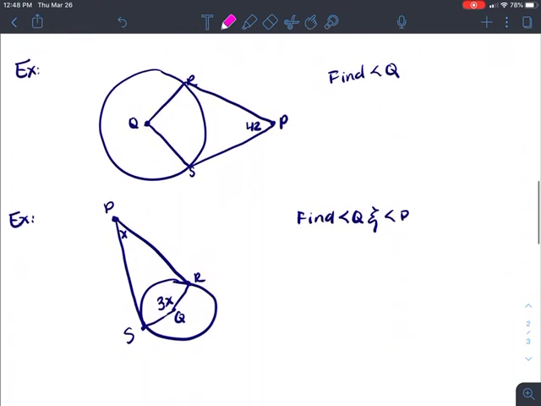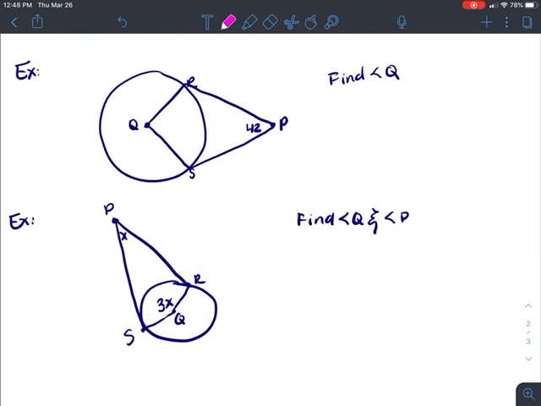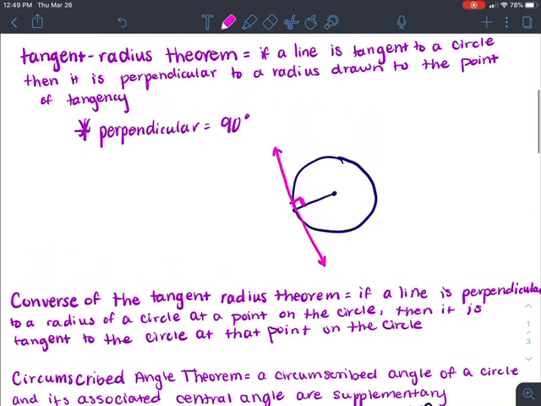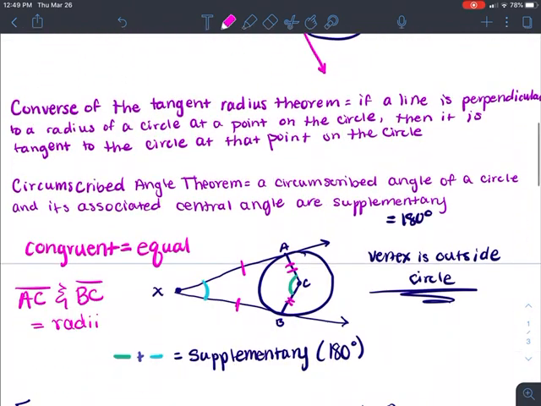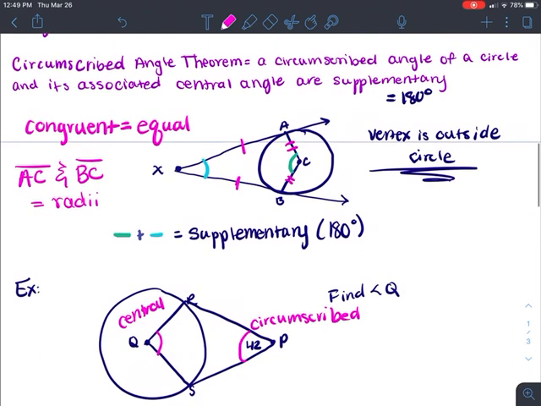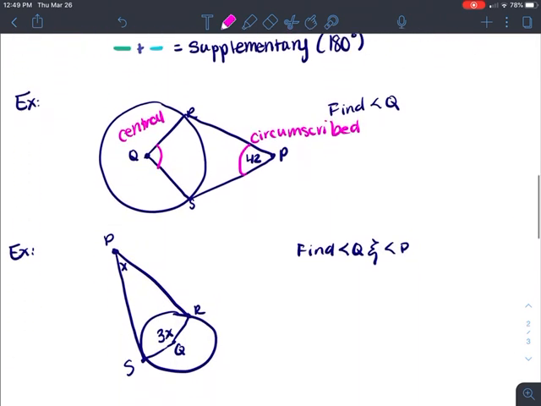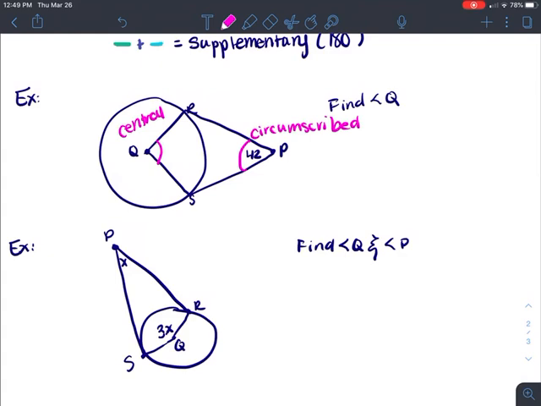For our first example, they want us to find angle Q. I can say that angle Q is my central angle, and angle P right here is my circumscribed angle. Since we just learned the tangent radius theorem, the converse of the tangent radius theorem, and the circumscribed angle theorem, we can say that the central angle and the circumscribed angle are equal to 180 degrees.